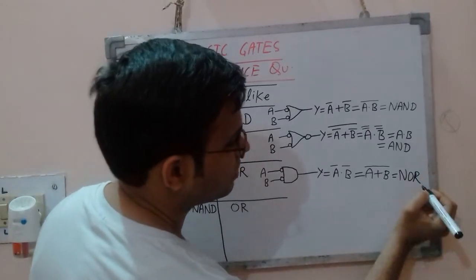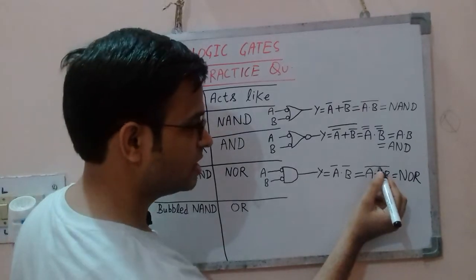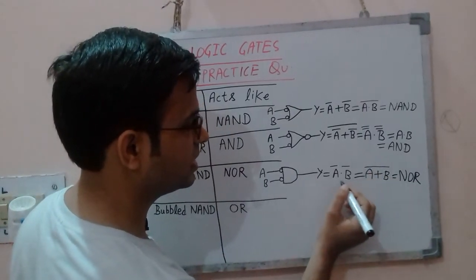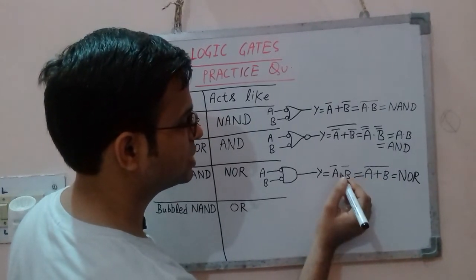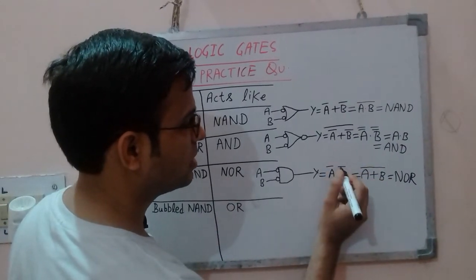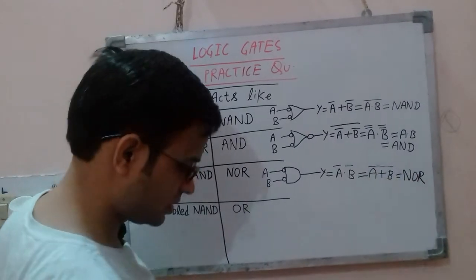A plus B whole bar, this is nothing but NOR gate. So when you apply De Morgan's theorem again, you will break this line and change the sign. So you will get here A bar dot B bar, plus gets changed into product and break this line. That means A bar dot B bar. This is nothing but A plus B whole bar, NOR gate.